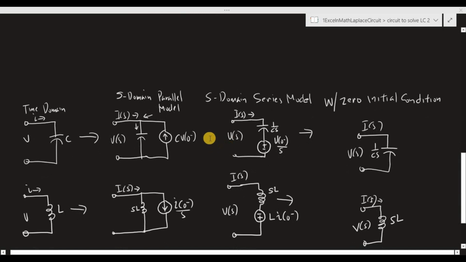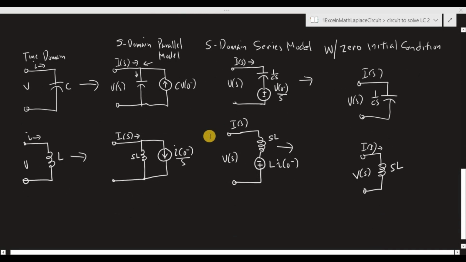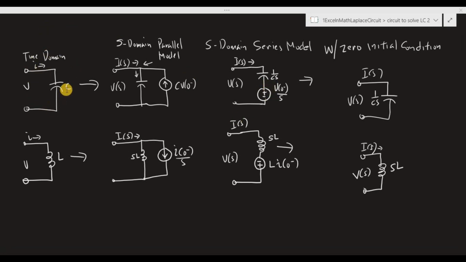Here are the models we derived a while ago. This is the circuit of the capacitor in the time domain, and this is the parallel circuit model and the series circuit model of the capacitor in the S domain.